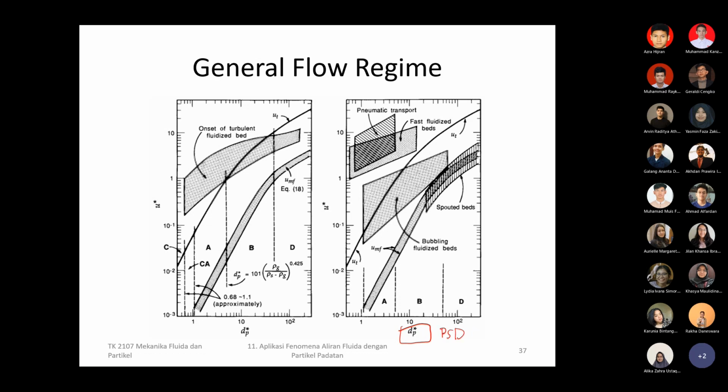In that way, we can decide the suitable velocity so that it can reach the intended fluidization regime. Do we want to work in fixed bed, or in bubbling bed, or in fast fluidization, or even in pneumatic configuration?